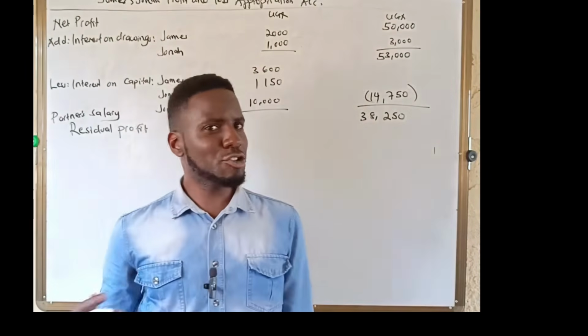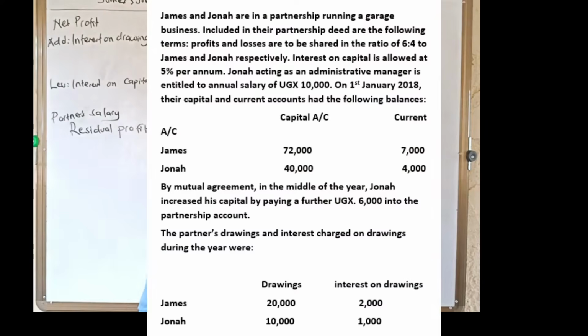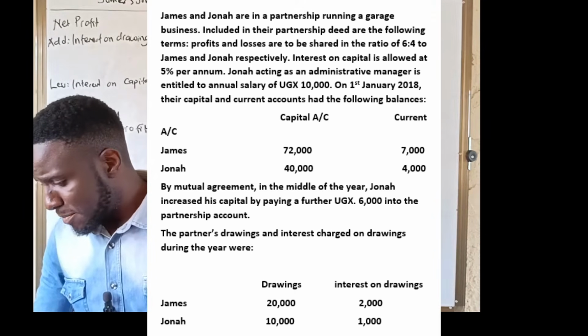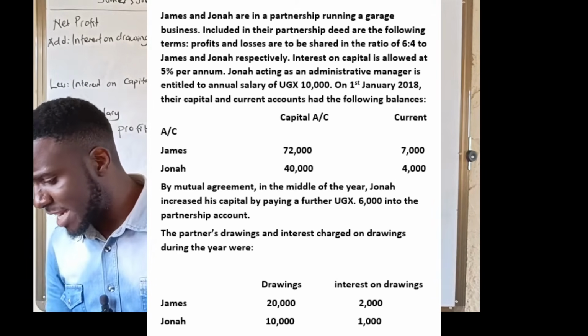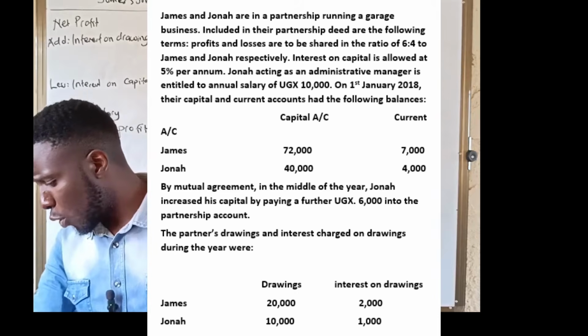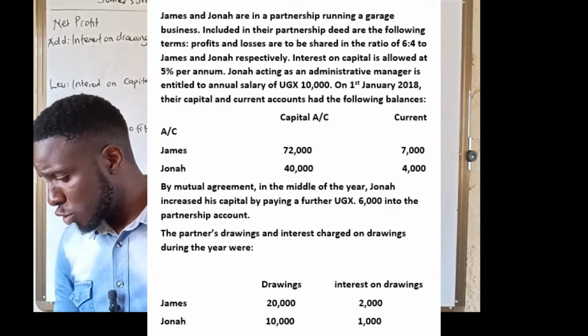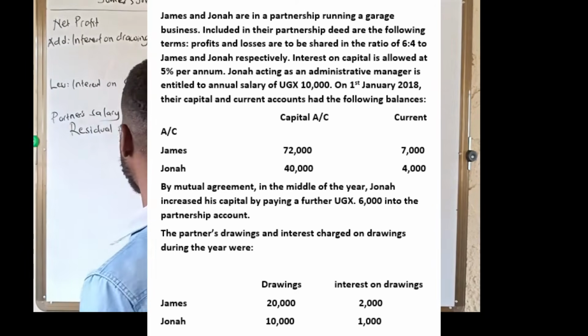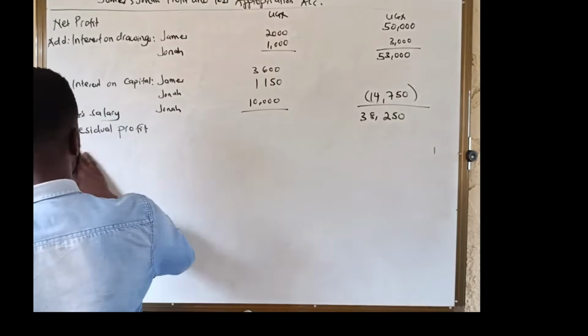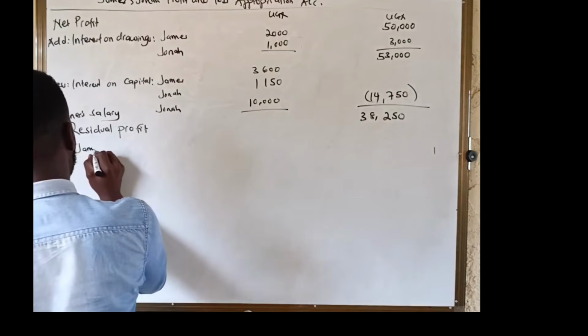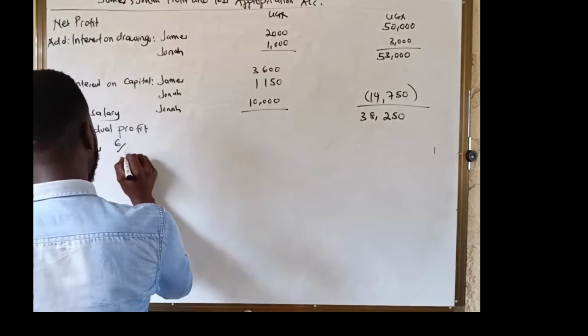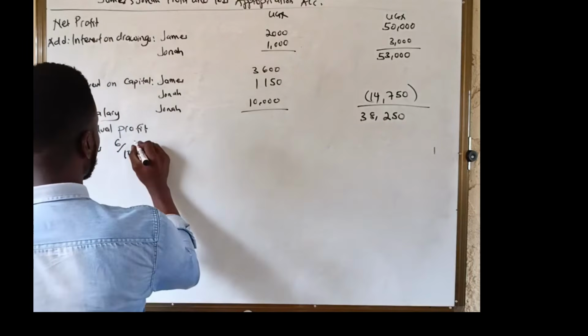Now, when you go back in the question, they told us that profits and losses are to be shared in the ratio of 6 to 4 to James and Jonah. That means 6 to 4, it will be James, 6 over 10, then we multiply.